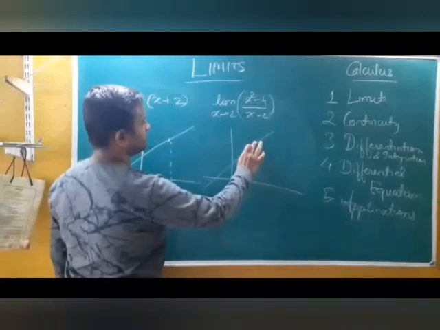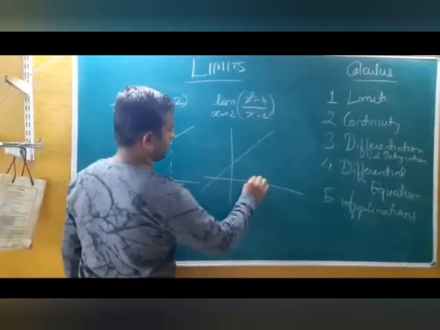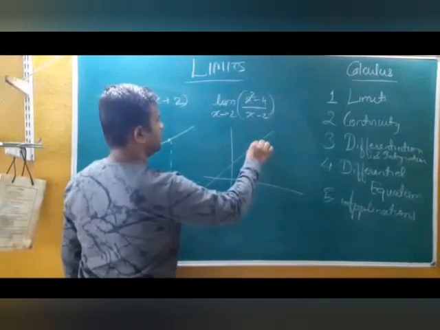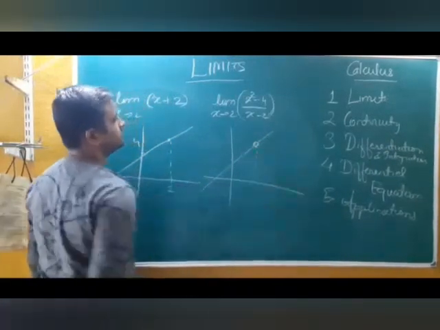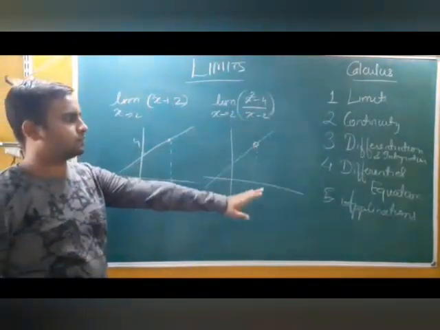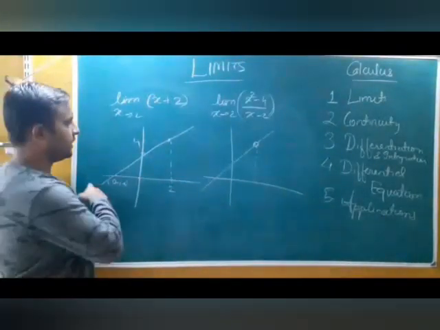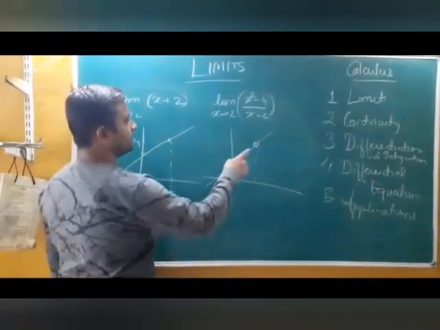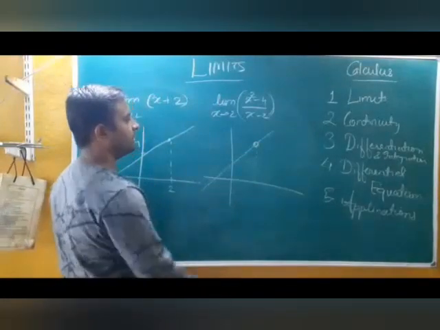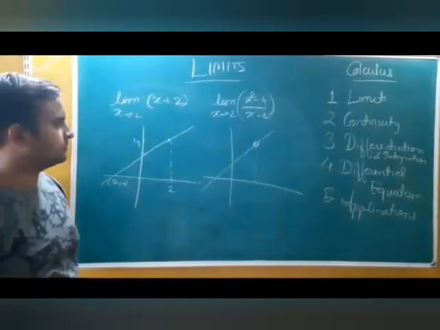However, at point x equals 2, there will be an open point. It is an open circle. That means the function does not exist when x equals 2. This is the difference. This line is continuous, whereas this line is halting at this point because the function does not exist at this point.